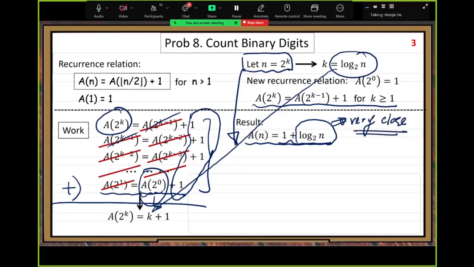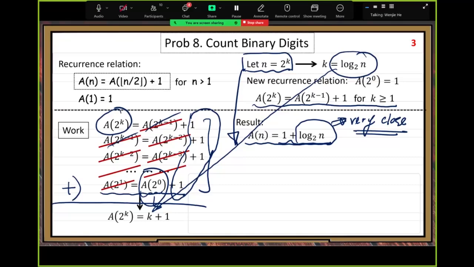So the way to fix it, we want to find another integer representation that is close to this formula. How to convert this non-integer representation to an integer representation, but these two formulas should be very close.